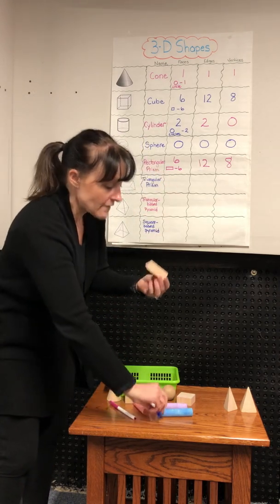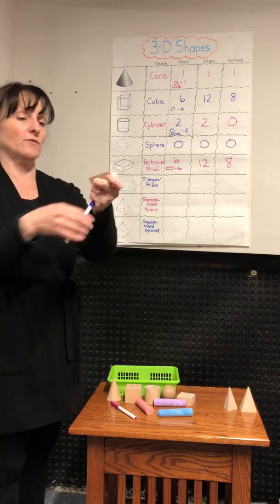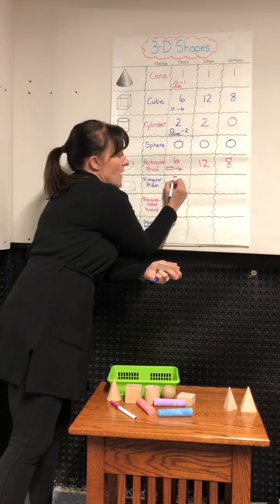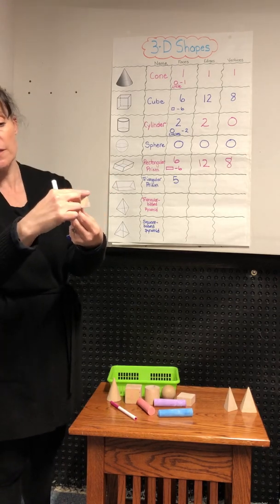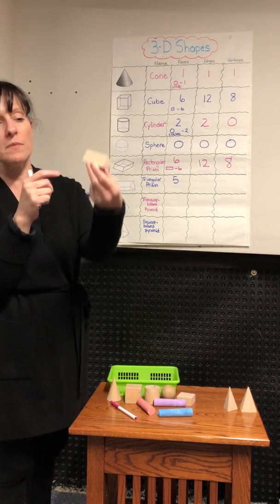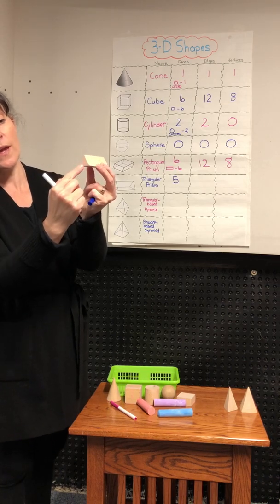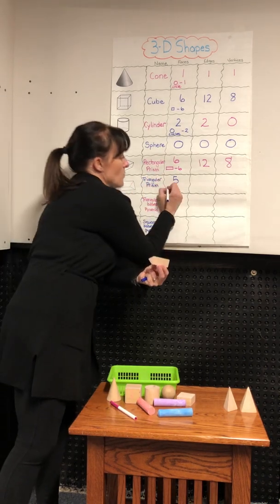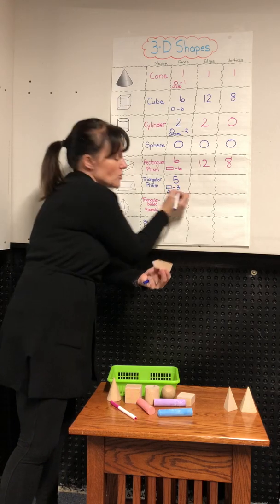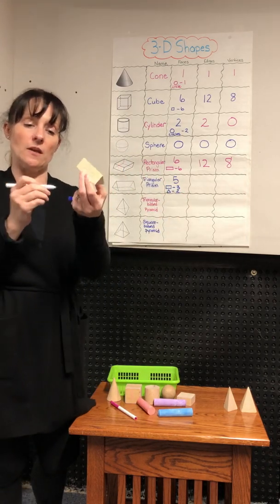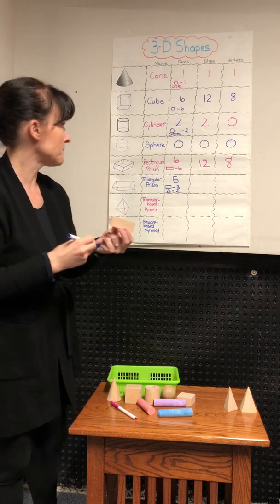So we have 5 faces, but this one has 2 different kinds of faces. Now we have rectangle faces around the middle, but at our ends we have triangles. So we have 3 rectangles and we have 2 triangles that go together to make our triangular prism.